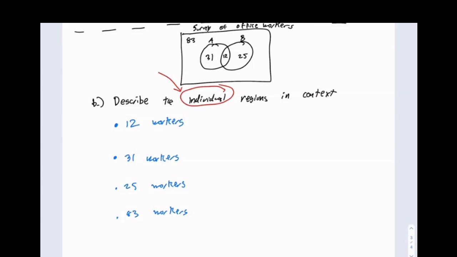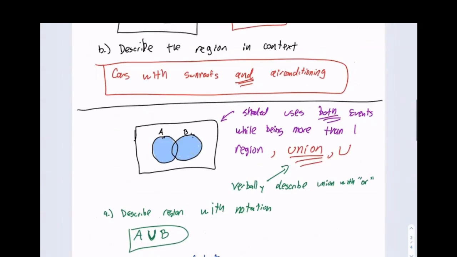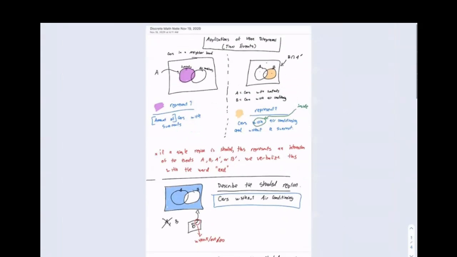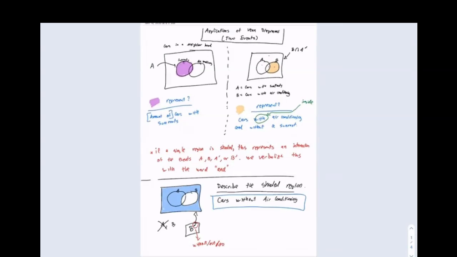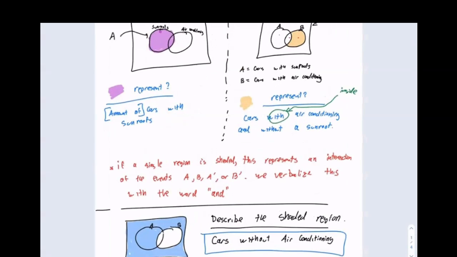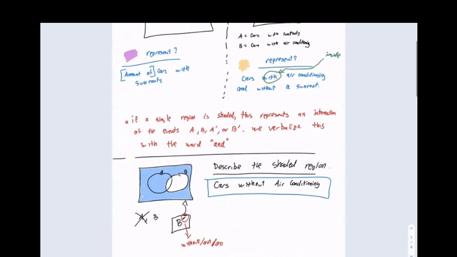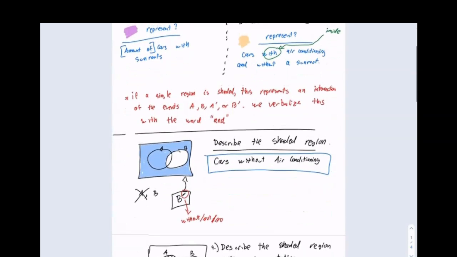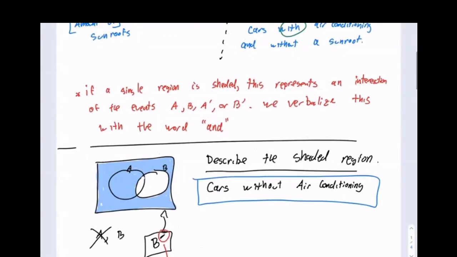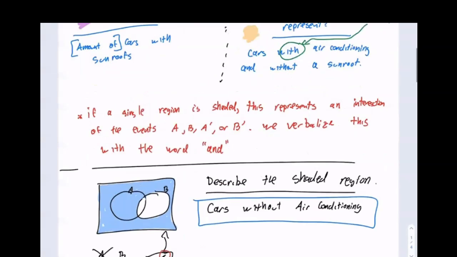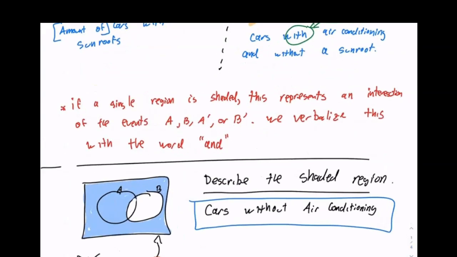We talked about it up here in our notes, that if we have a single individual region, and all we care about is that region, this represents an intersection of the events.